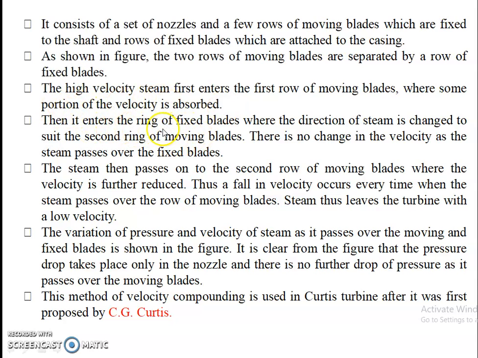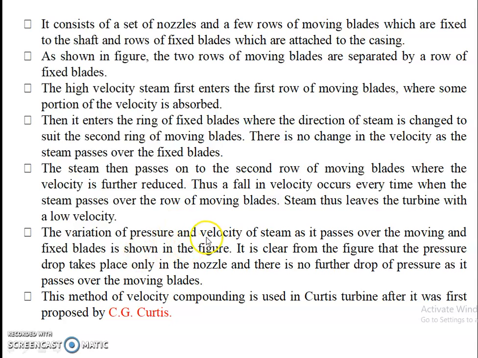Then it enters the ring of fixed blades, where there is no change in velocity. Again the steam goes to the moving blade, and the velocity is reduced again. Thus the fall in velocity occurs every time the steam passes over a row of moving blades. The steam thus leaves the turbine with low velocity.